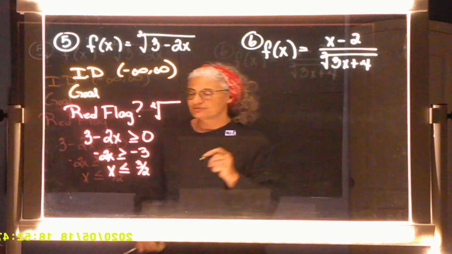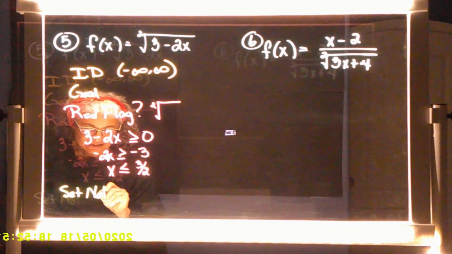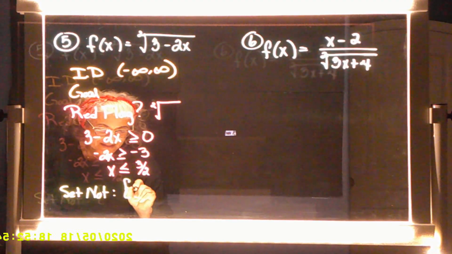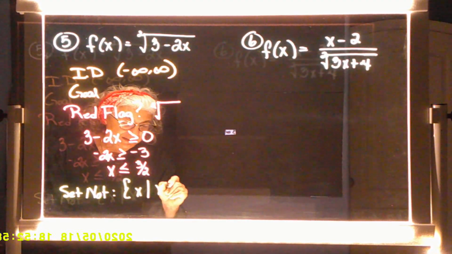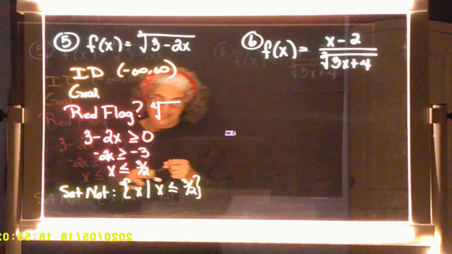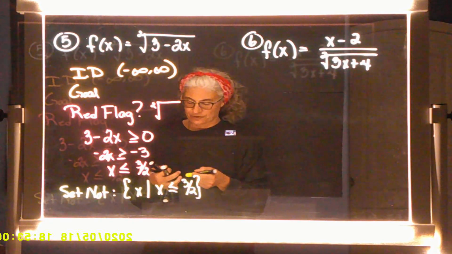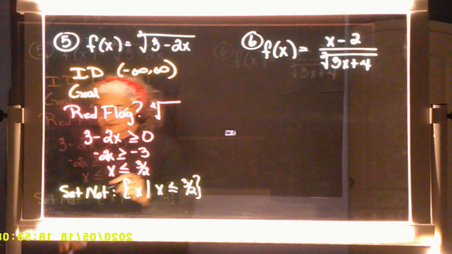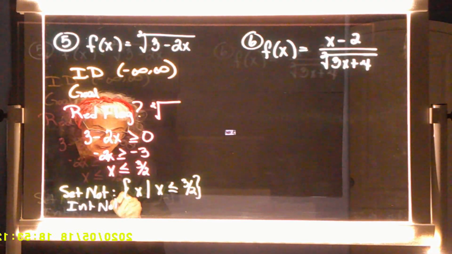So we have two ways of writing the answer. One is the set notation, and set notation says that it's the set of x such that x is less than or equal to 3/2. And the other notation is interval notation. Now, interval notation always comes from a graph.